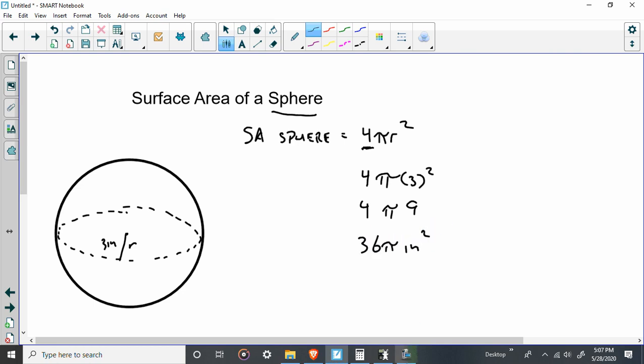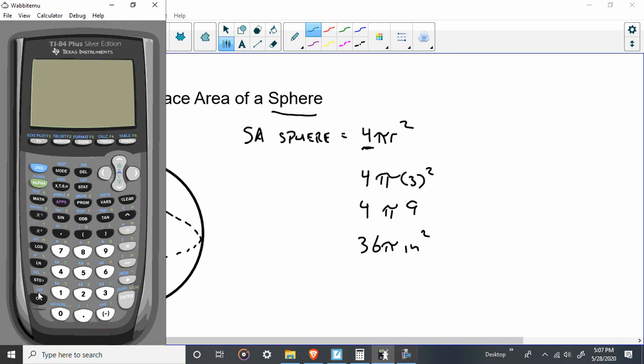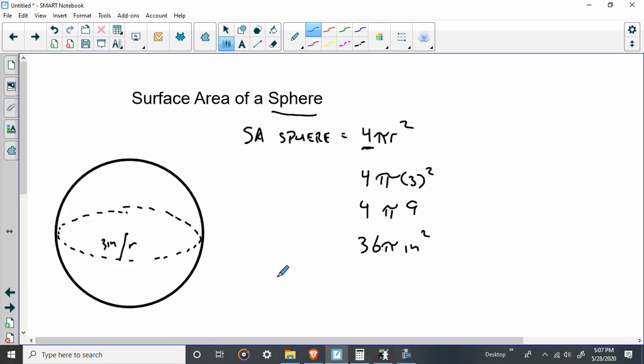And if you wanted to evaluate that, you can break out your calculator and do 36 times pi, and it would be 113.09 square inches. Or like IXL is asking you to do, 36 times 3.14. So it's pretty straightforward. There's not really a whole lot more to it than that.